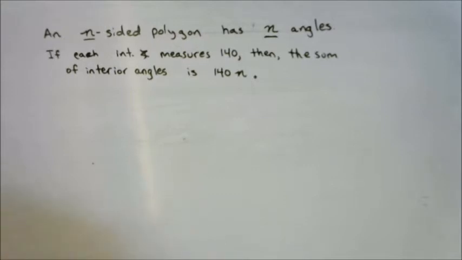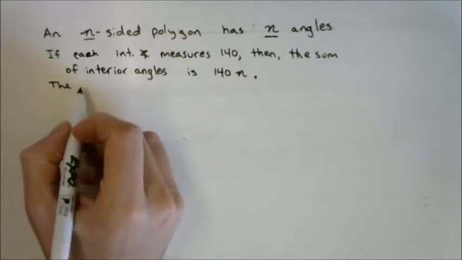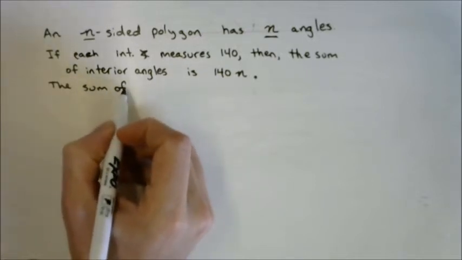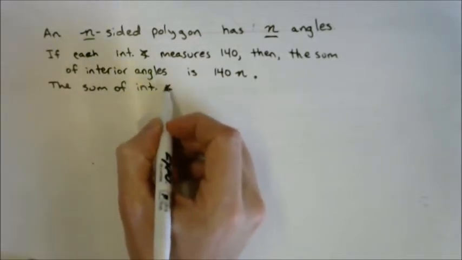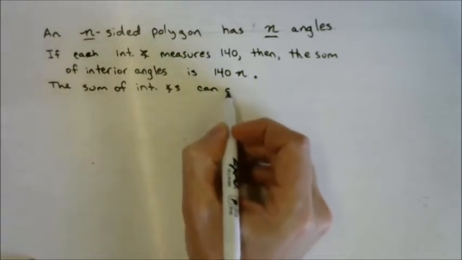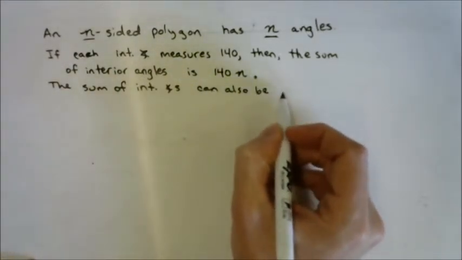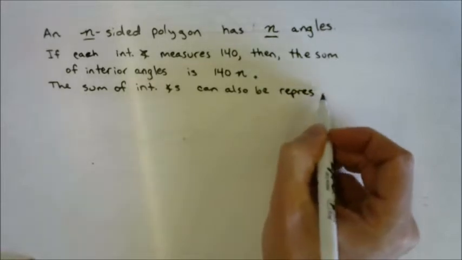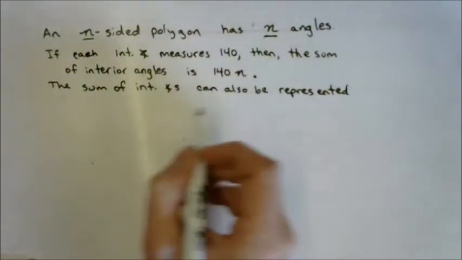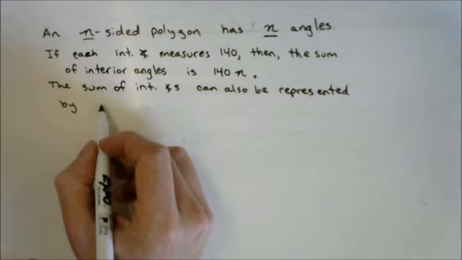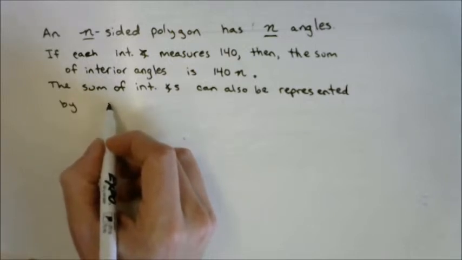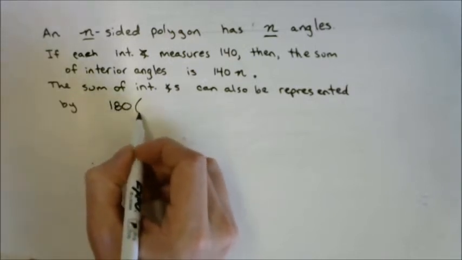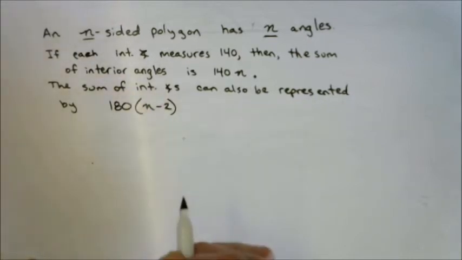Now, why is that helpful? Do we have another formula that tells us the sum of interior angles? Yes. N minus 2 times 180. The sum of interior angles can also be represented by 180 times n minus 2.